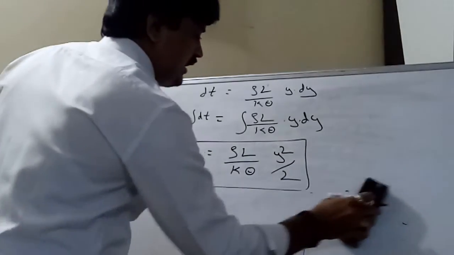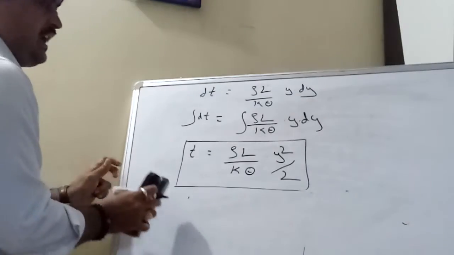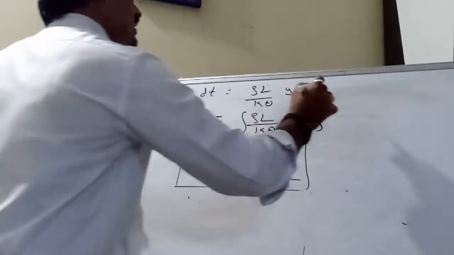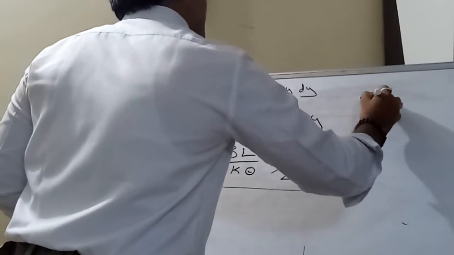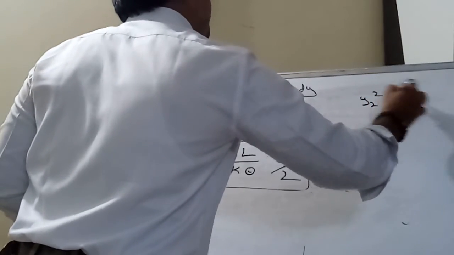So the time taken to change the thickness of ice over the interval y1 to y2 is proportional to y2 square minus y1 square.